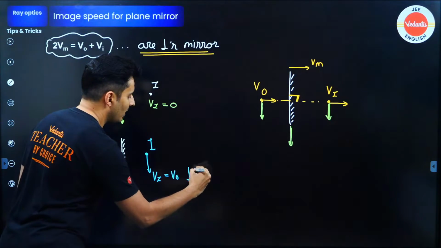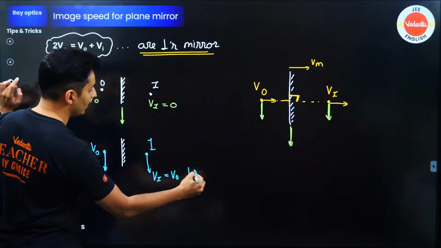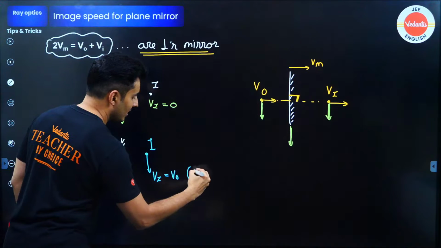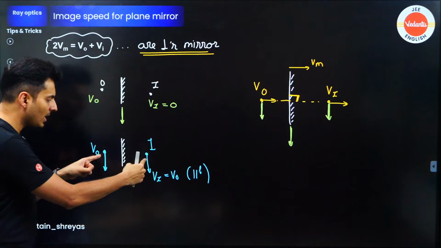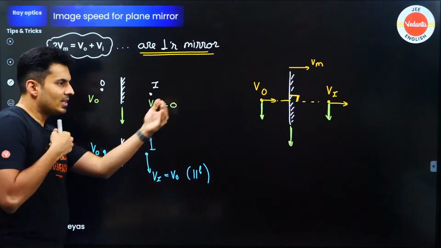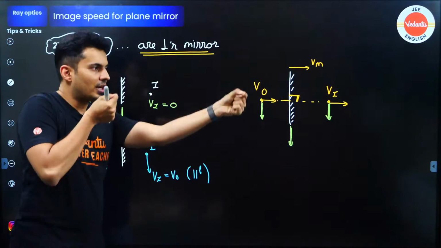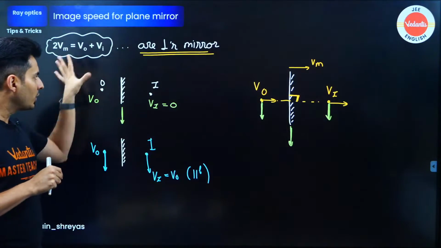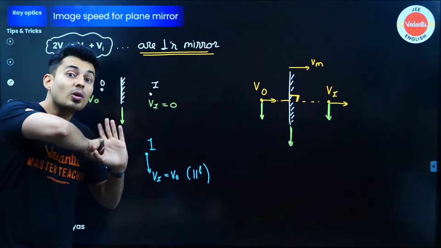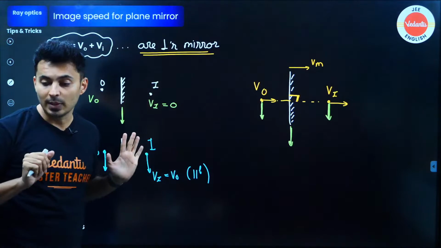This is always parallel to the mirror. So if the object moves, the image will also go like this. So obviously the image will always be in front of the mirror. So wherever the object goes, accordingly the image will move. So if you remember this much, you can solve any kind of question, believe me.